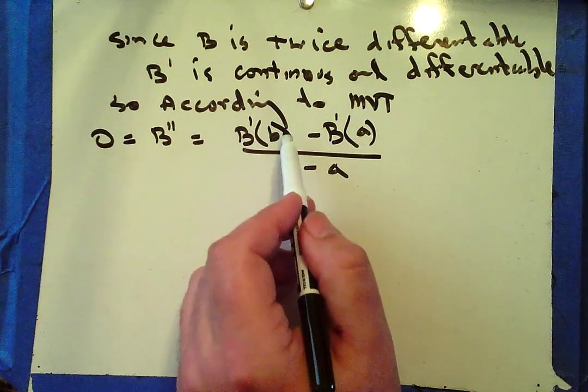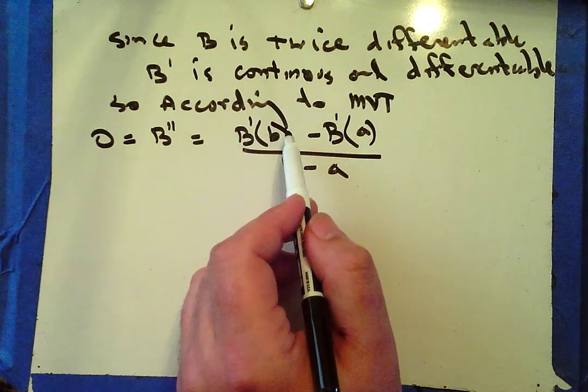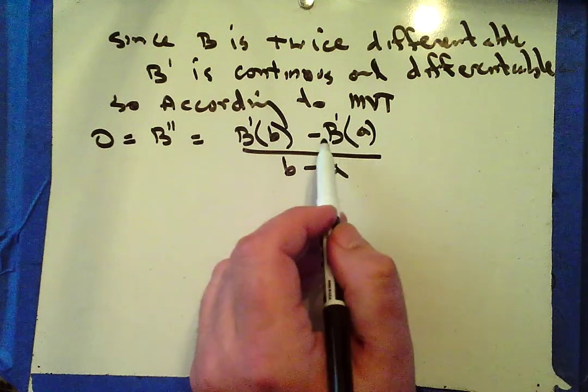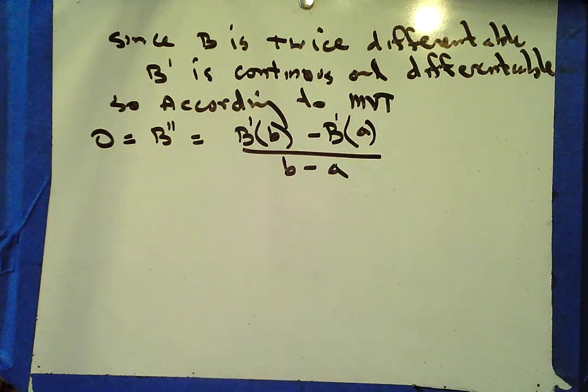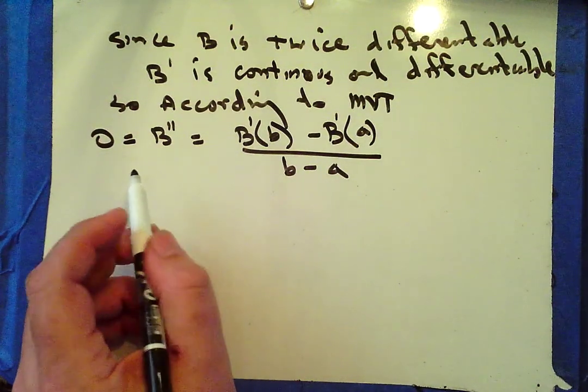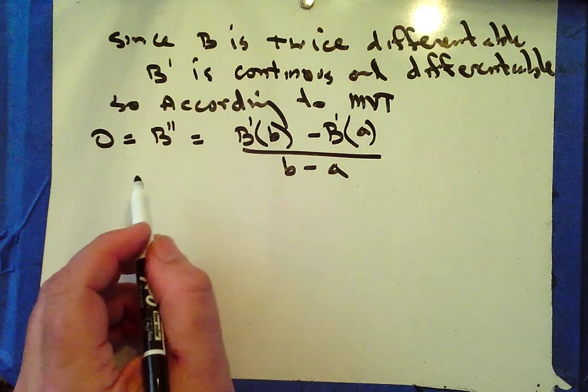So do we have any places where B prime is the same? So if I think about B prime being the same, I see, wow, this is sort of abstruse. Let's find maybe another way to do this problem.